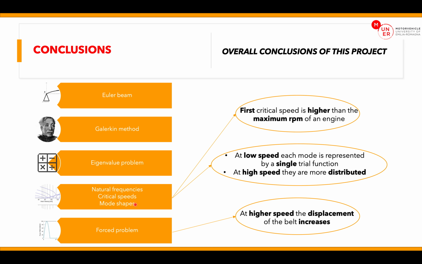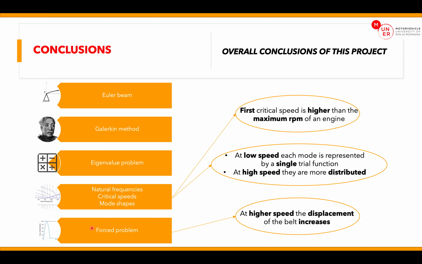Then we obtained the mode shapes and we found out that at low speed each mode is represented by a single trial function, while at high speed they are more distributed. Finally, we analyzed the first problem and we discovered that at high speed the displacement of the belt increases.